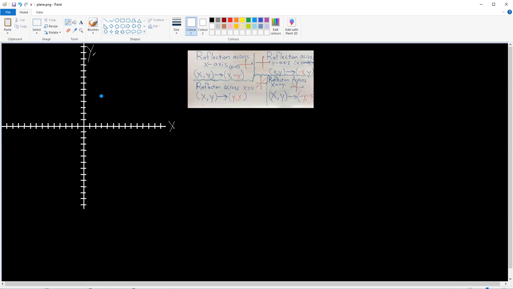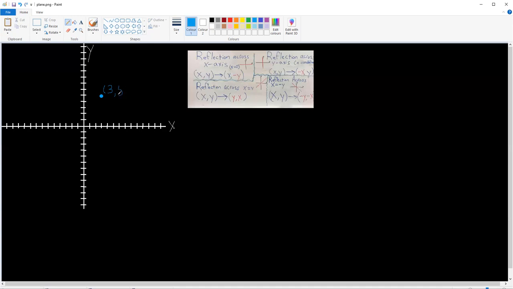So that looks like this. The x value of this point is 3, and the y value is 1, 2, 3, 4, 5.